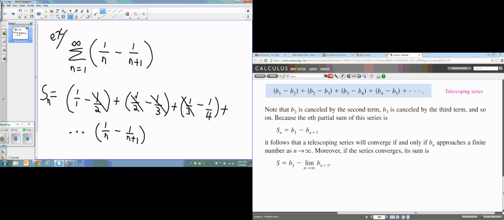So for instance, the 1/2 here cancels the 1/2 in the preceding term. The 1/3 here cancels the 1/3 in the preceding term. The 1 over n here would cancel 1 over n in the preceding term, but there's nothing that comes after this one. So after all is said and done, everything cancels except for the 1 and the 1 over n plus 1.